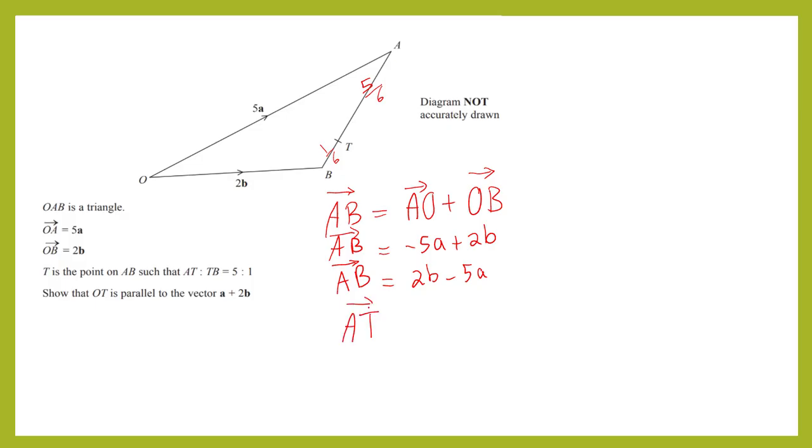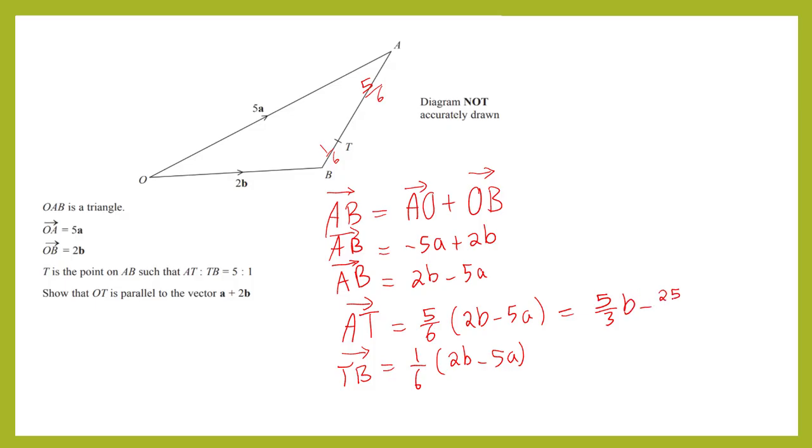AT is 5 out of 6 of AB, so it's 5/6 multiplied by (2b minus 5a), and TB is 1/6 of (2b minus 5a). If we expand, AT is 5/3 b minus 25/6 a, and TB is 1/3 b minus 5/6 a.